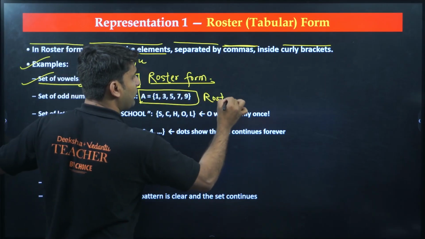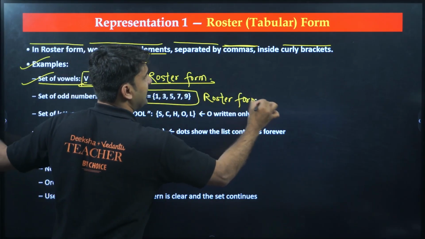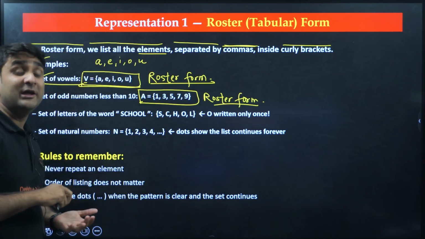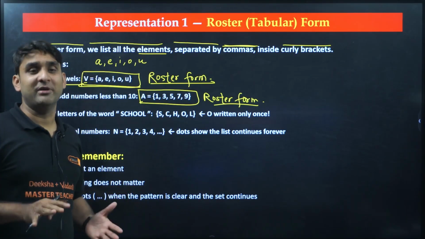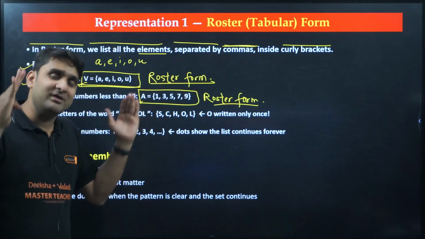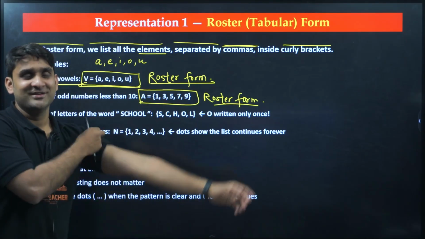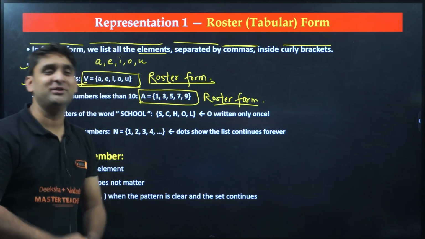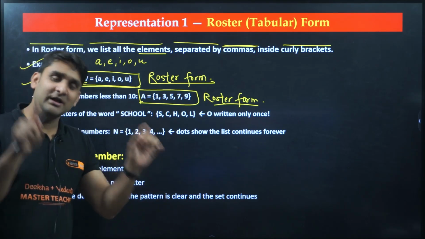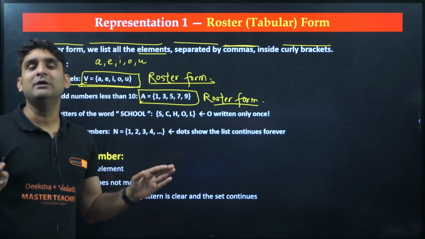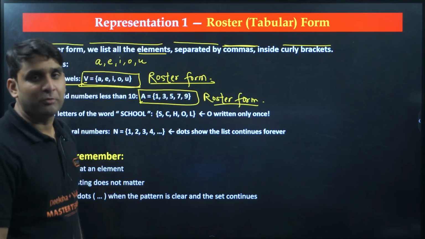This is also called roster form. Clear, everyone? When we represent all the elements, the members of the set, using commas between each element, all the elements must be in curly brackets. Curly brackets are the evergreen part, they must be there. Whether the representation is roster form or set builder form, the curly brackets will be there. Without curly brackets, a set is not properly represented.